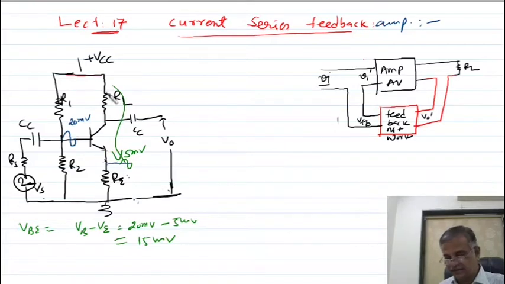The emitter current is nearly the collector current, so it is your output current. So this feedback voltage depends upon the output current. Which voltage? The voltage across this is known as the feedback voltage. So this voltage depends upon the output current.